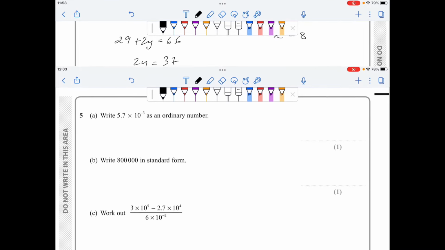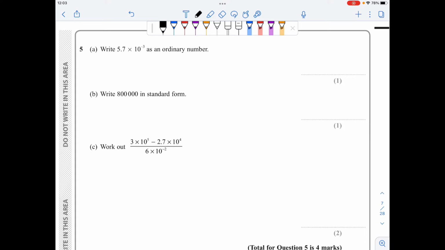For part A, I have a power of -3, so that's 3 extra zeros at the front. It's 0.0057. Part B, I've got 5 zeros after the 8, so the answer is 8 times 10 to the 5.